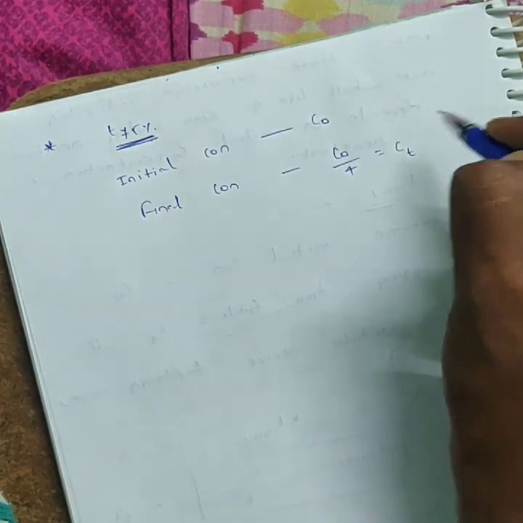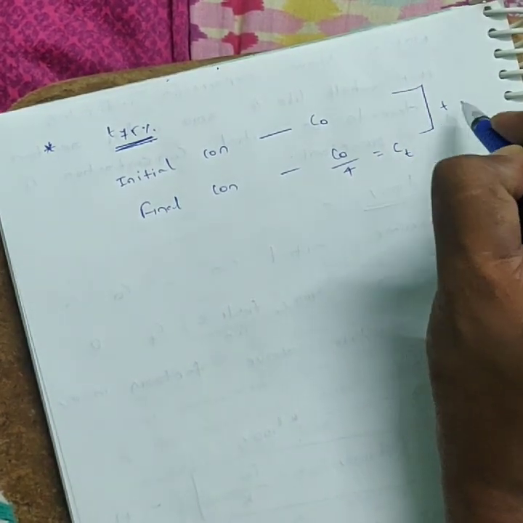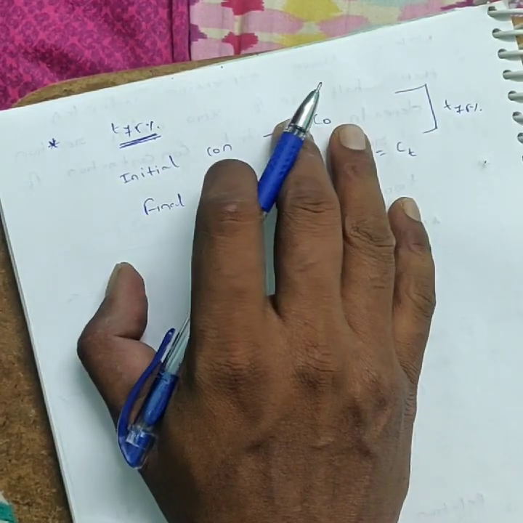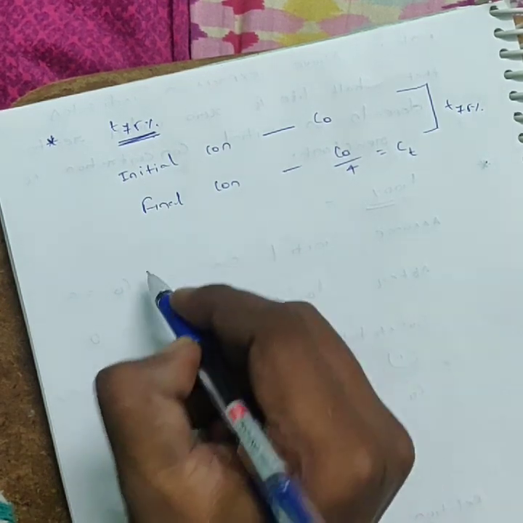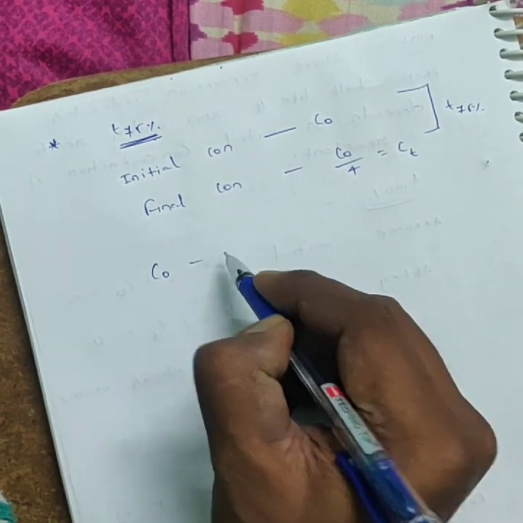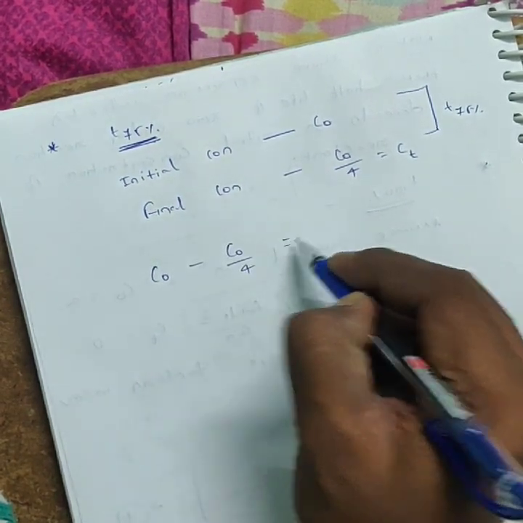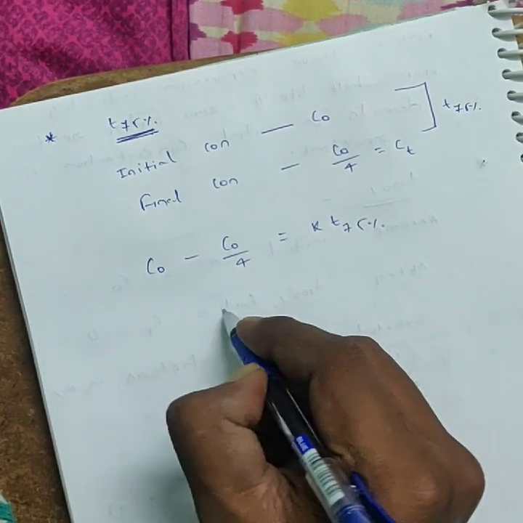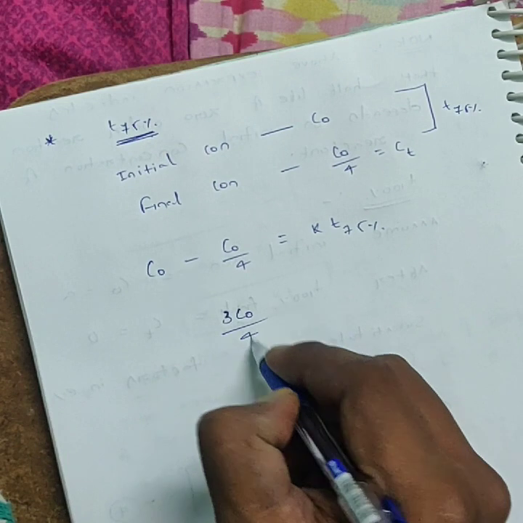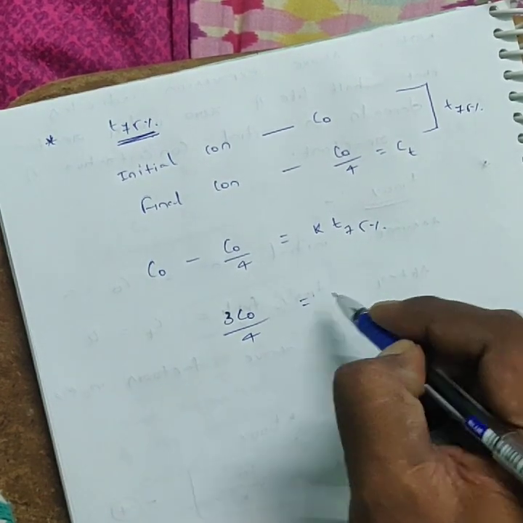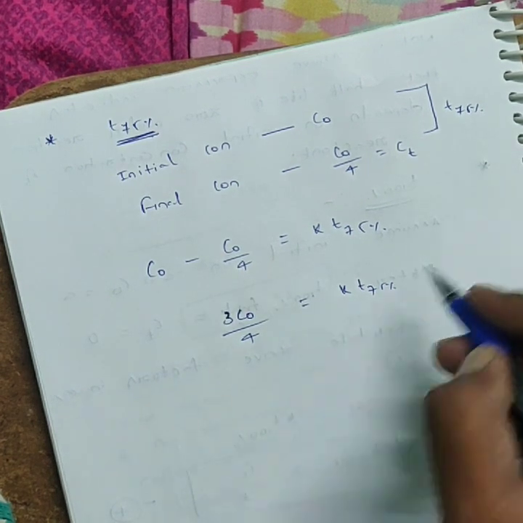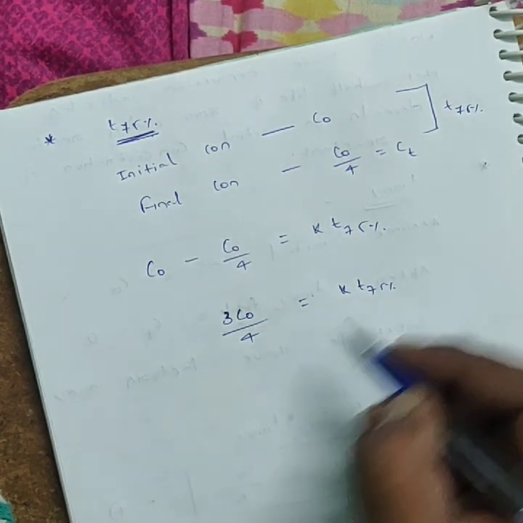This is nothing but Ct. Here time will be t 75%. If we substitute these factors in the first equation, we get C naught minus C naught by 4 is equal to k t 75%. So here we will get 3 C naught by 4, am I right? It's equal to k t 75%. So here k is common.